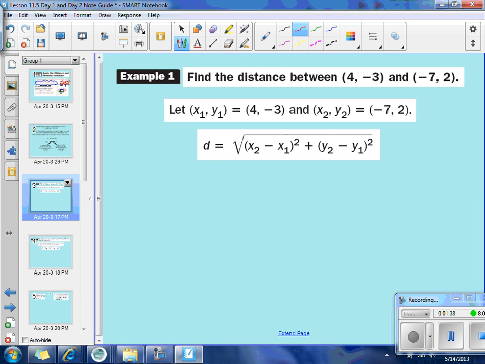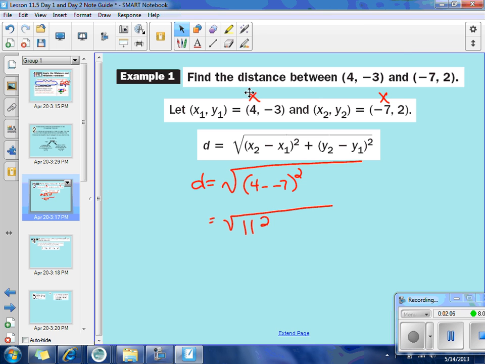So my ordered pairs, I have (4, -3) and (-7, 2), where 4 is an x value and -7 is an x value. Not a y, an x, sorry. Okay, my distance is going to equal the square root of, let's find the distance between my x coordinates. I went from 4 to -7, which is actually a distance of 11 units, and I'm going to square that.